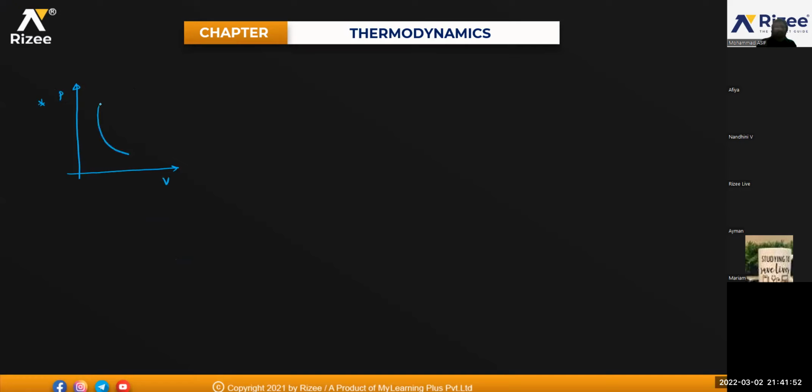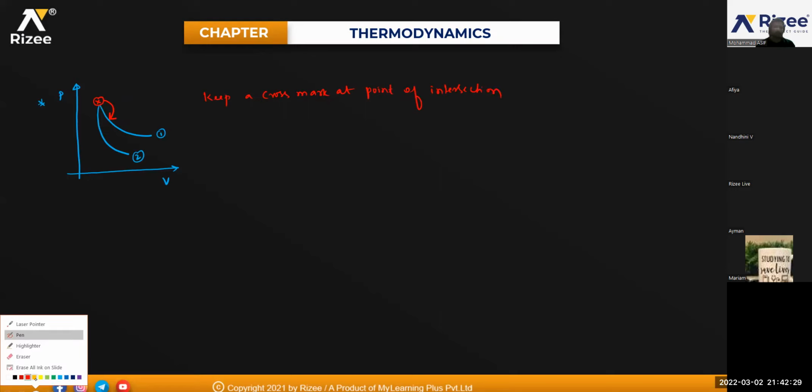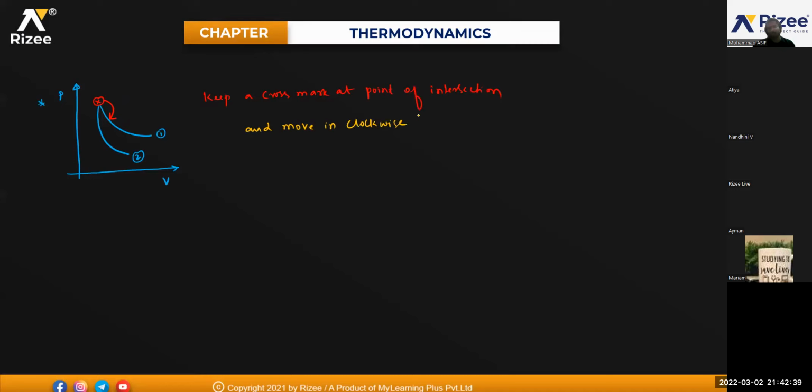If I give two graphs like this and ask you to identify which is isothermal and which is adiabatic, simply keep a cross mark at the point of intersection and move in the clockwise direction.